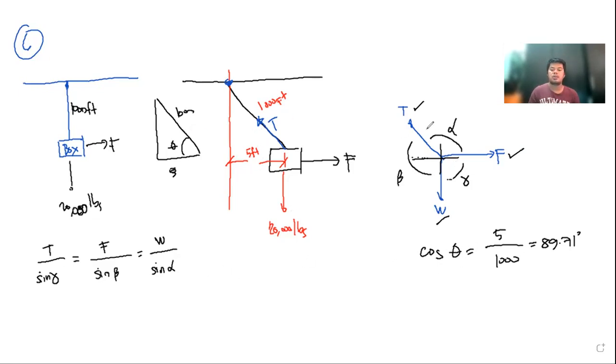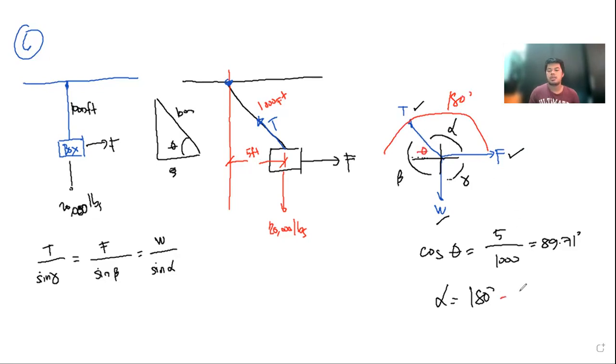So we can calculate gamma. Gamma is equal to 180 degrees, that is the straight line angle, and then this would be theta.